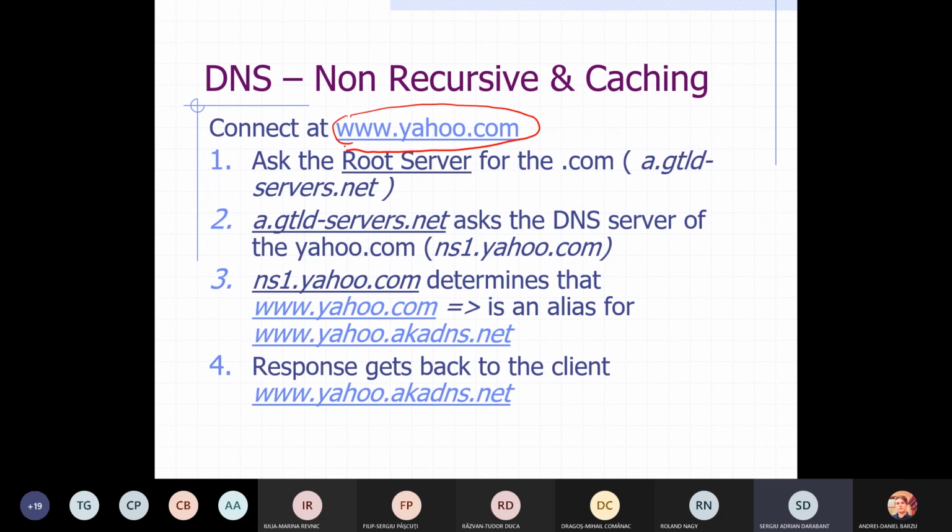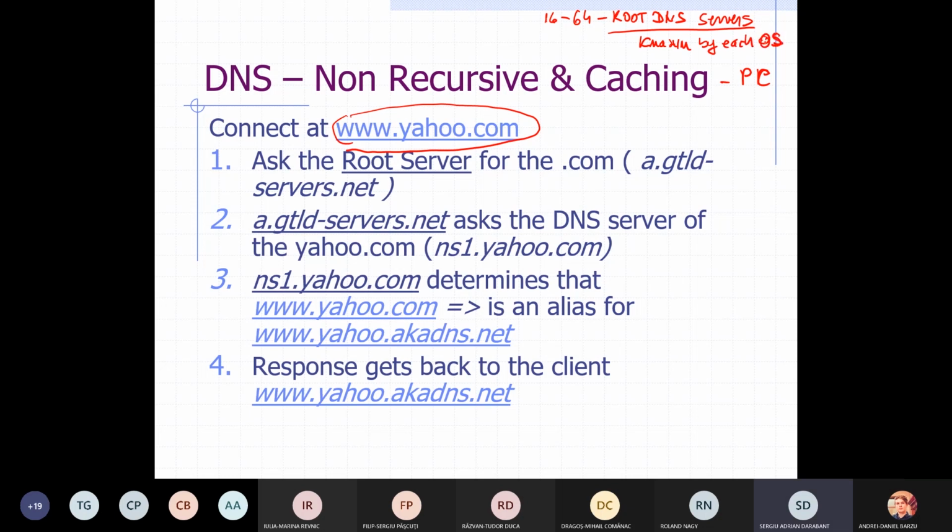Now, I told you, there are between 60 and maybe 64 root DNS servers, and these are known by each operating system.